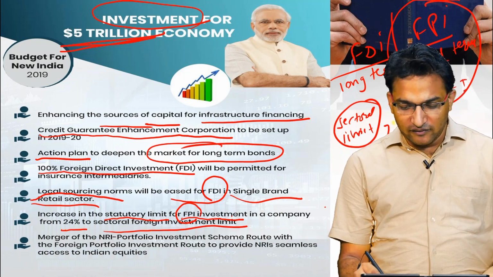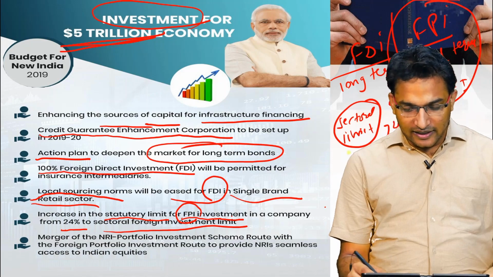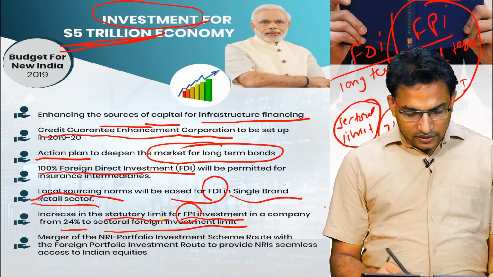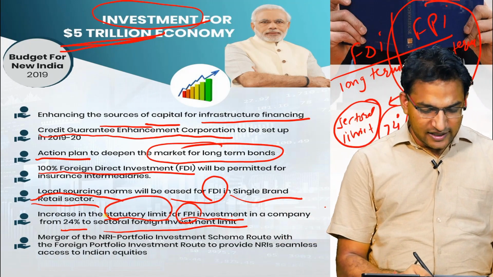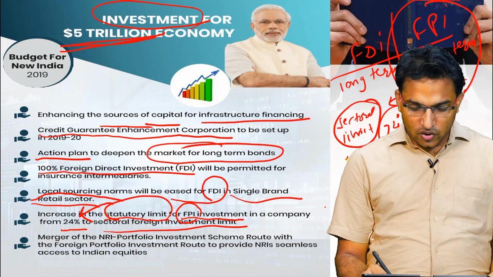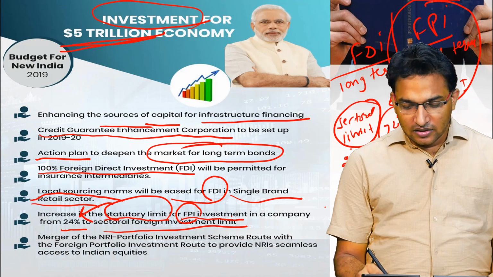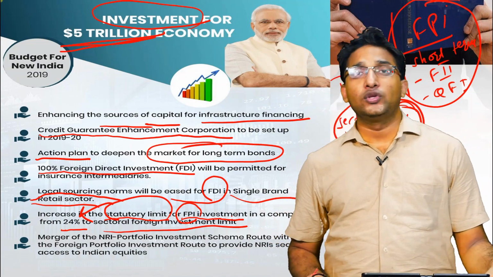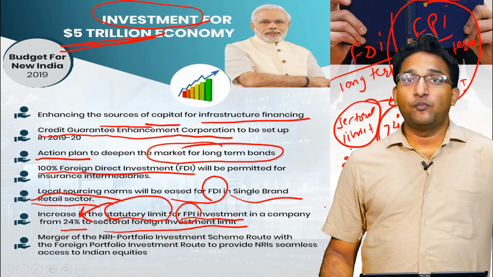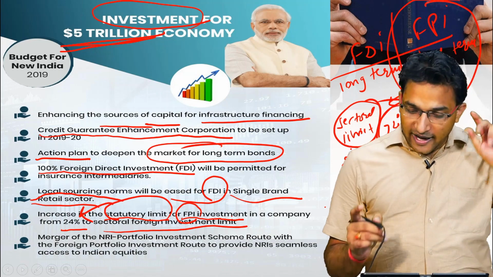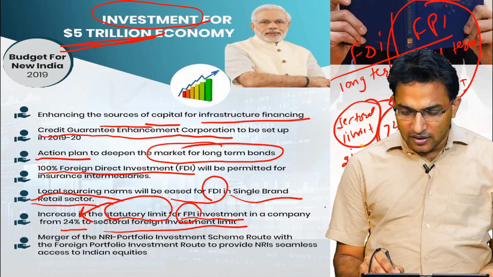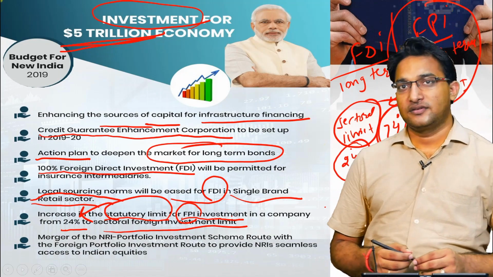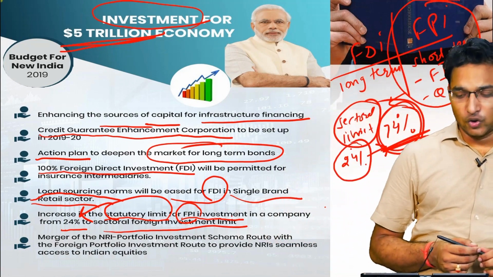So suppose the sectoral foreign investment limit is 74%, and the statutory limit, which basically means the limit as per the law, was just 24%. So now, from 24%, the foreign investor can invest 74% through the FPI route. So earlier, through the FPI route, a particular investor could invest only 24%. Now they can invest up to 74%. I think the thing is clear to you.